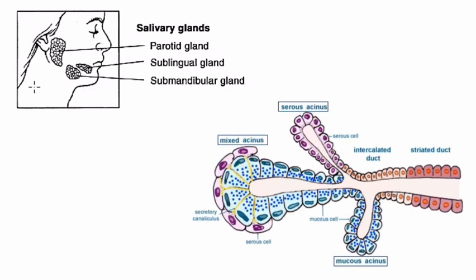The intercalated and striated ducts of the parotid are easily observed. We have a long duct system, and the connective tissue capsule has plasma cells and lymphocytes to protect, especially the parotid gland.